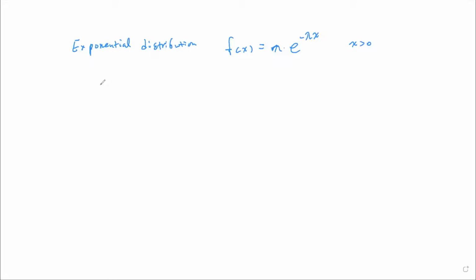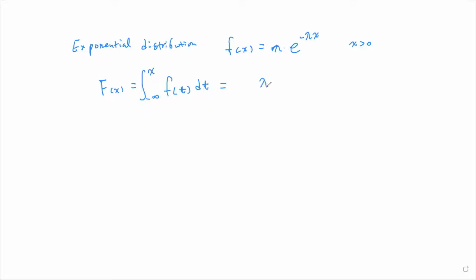Let's look at the CDF, F of x. By the definition, you take the PDF and integrate it from -infinity to x. Let's change this x to t, so there will be no confusion with x. So t will disappear in the end.